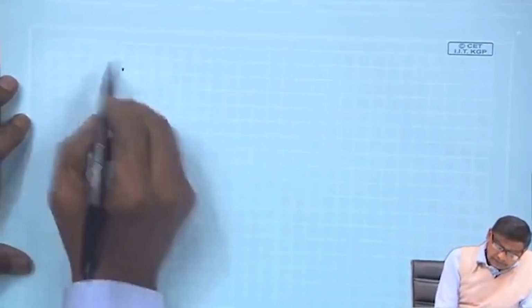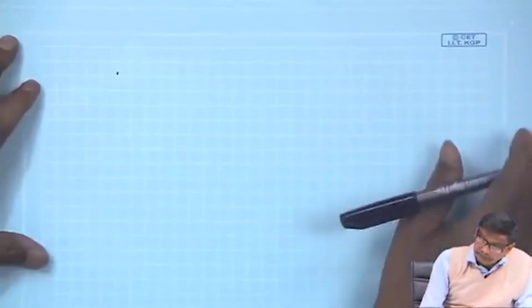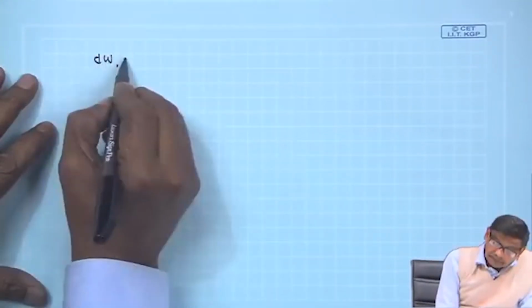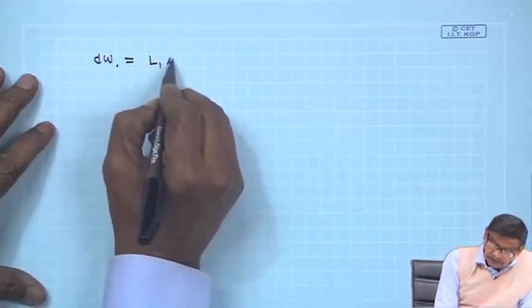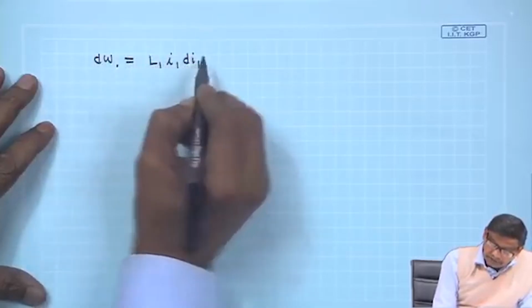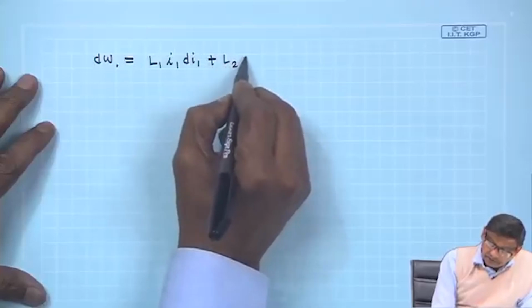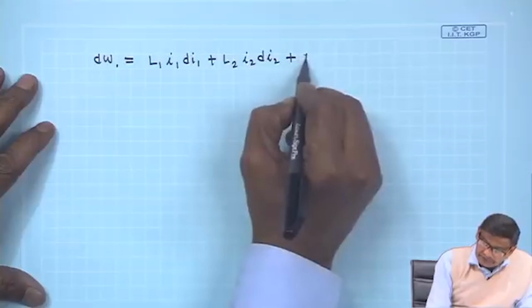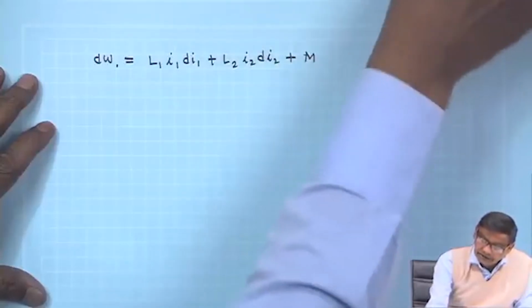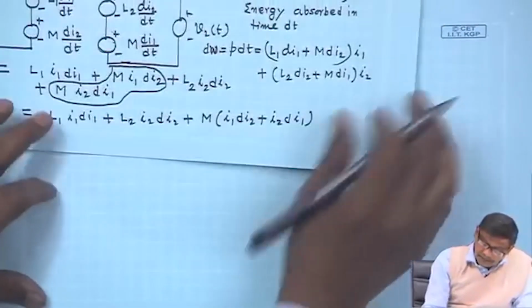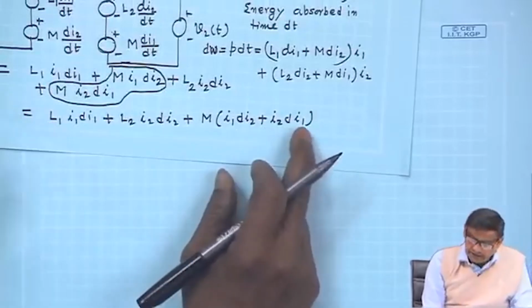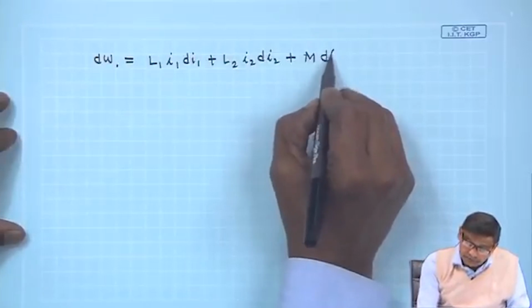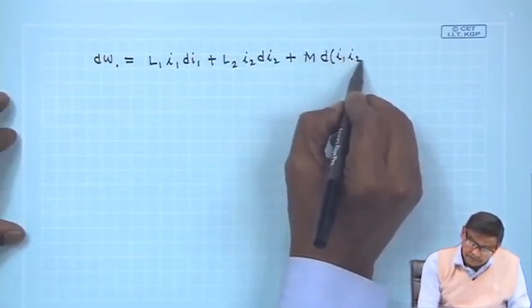And so dW is L1 I1 dI1 plus L2 I2 dI2, and this thing, if you look at it carefully, this term I1 dI2 plus I2 dI1 can be written as d of I1 I2.